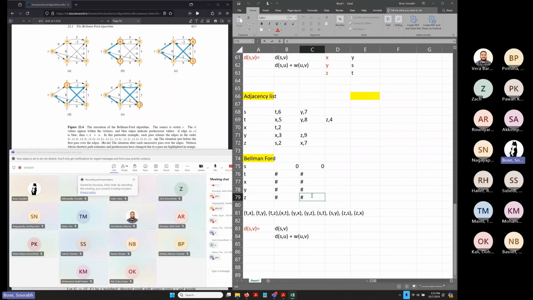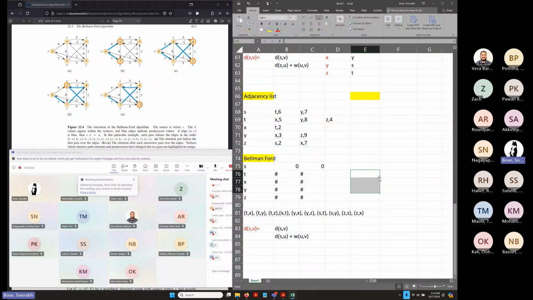Now comes S to T. S to T is basically saying D of S comma S plus weight of S comma T, and we are trying to update D of S comma T. D of S comma S is 0. Weight of S to T is 6.